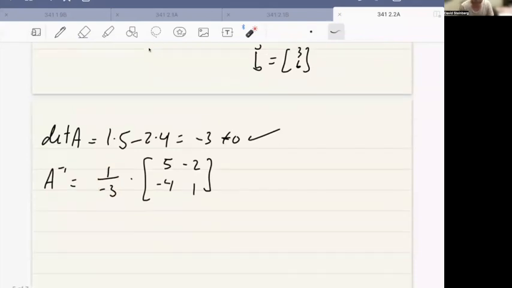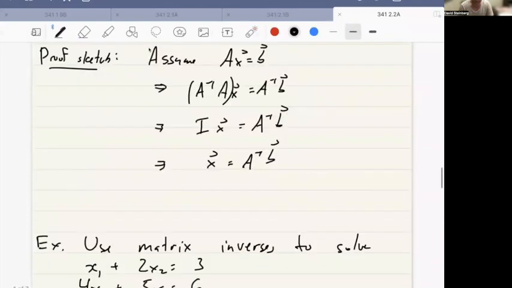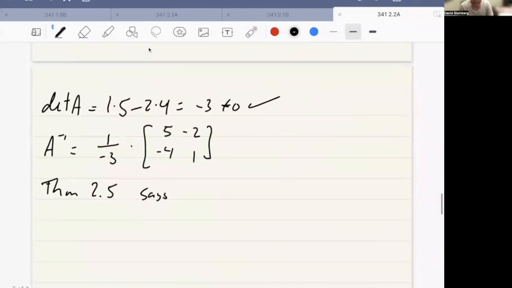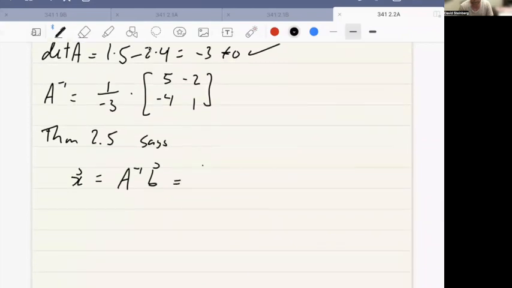And so our claim is, this was theorem 2.5? Yeah. So theorem 2.5 says x, our solution, is equal to A inverse B, which is 1 over -3 times 5, -2, -4, 1, applied to B, which was 3, 6.